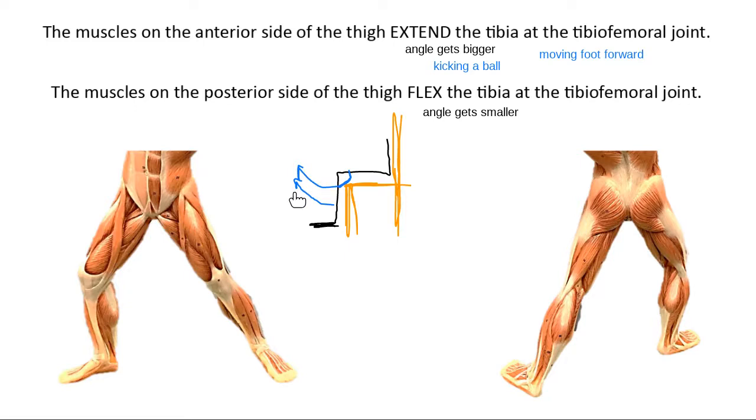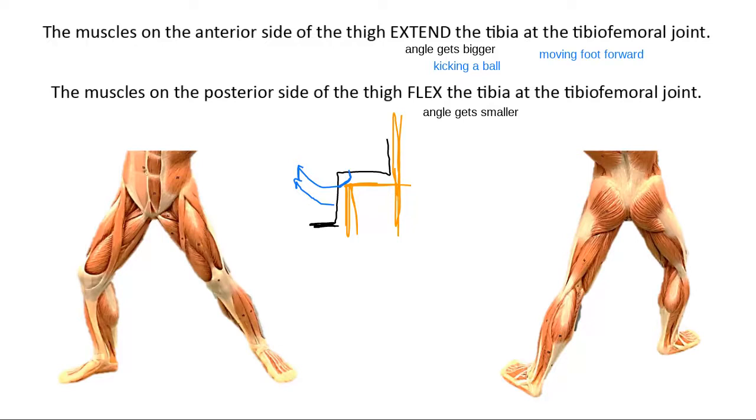If we're talking about the muscles that live on the back side, before we said that these were the muscles that extended the femur because they pull the femur back toward the back side of the body. When we talk about what those muscles are doing to the tibia, they're still pulling the tibia toward the back side of the body, but that's called flexion.